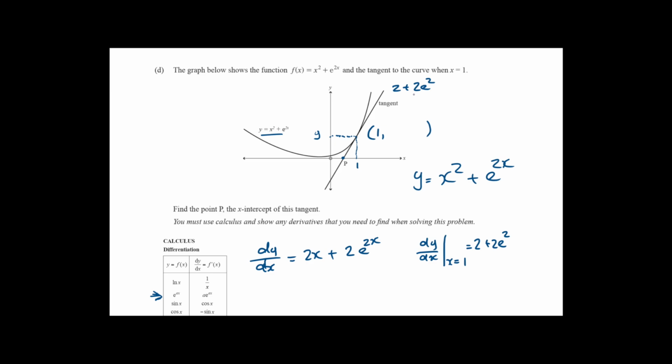We don't know what the y value is yet, but it's going to be pretty easy to work out. We just put a 1 in here. So y evaluated when x equals 1 is going to be 1 squared, which is 1, plus e squared. So 1 plus e squared.